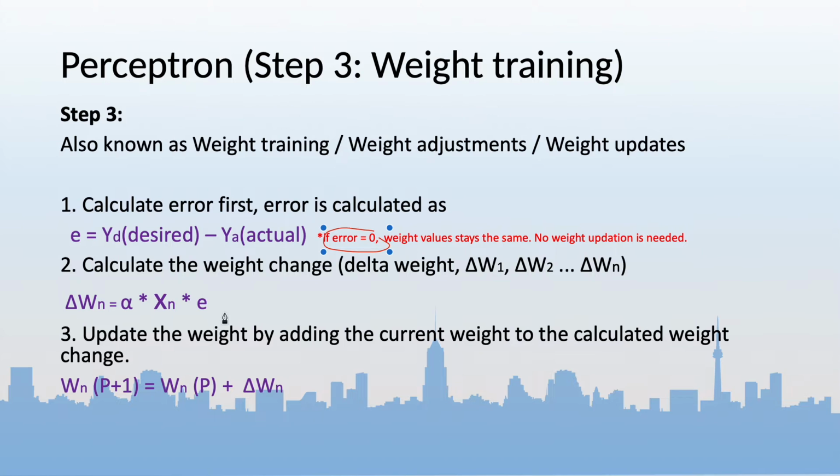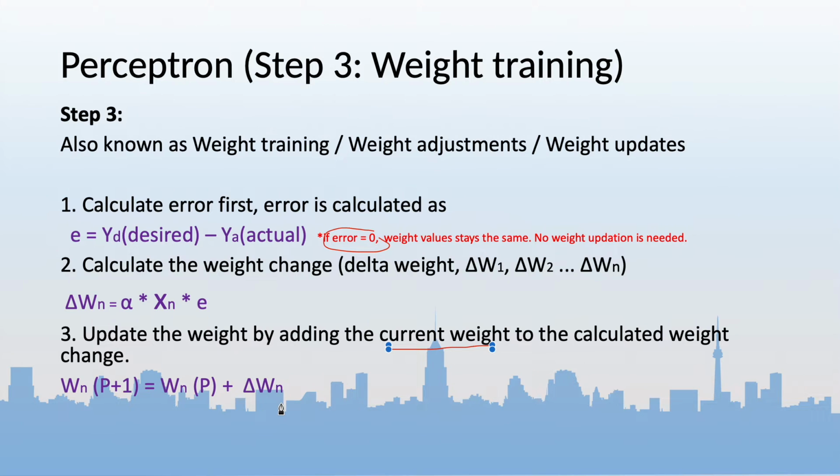And then once we have the delta weight, or the weight change, we need to update the weight by adding the current weight to the calculated weight change.